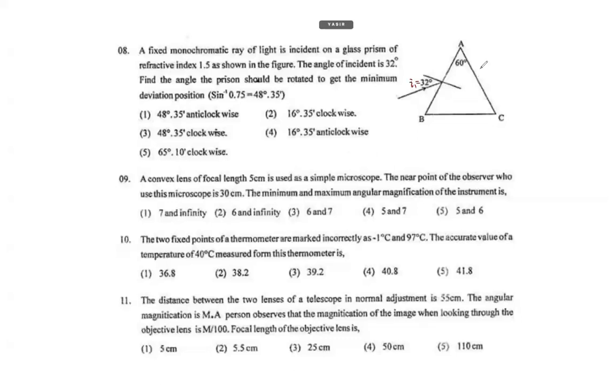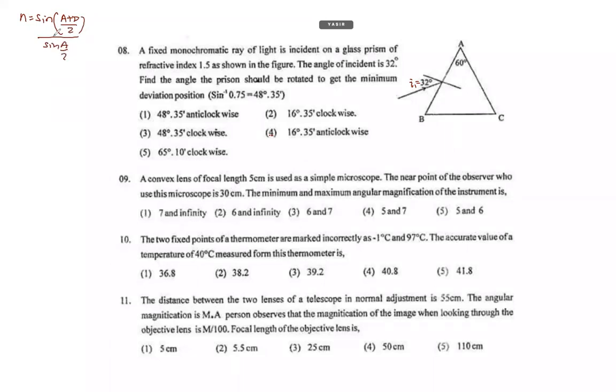How do you find the minimum deviation position? First and foremost, let's try to find out the angle of deviation. What is the angle of deviation now? We can find it using this equation: n equals sin((A plus D) over 2) divided by sin(A over 2).